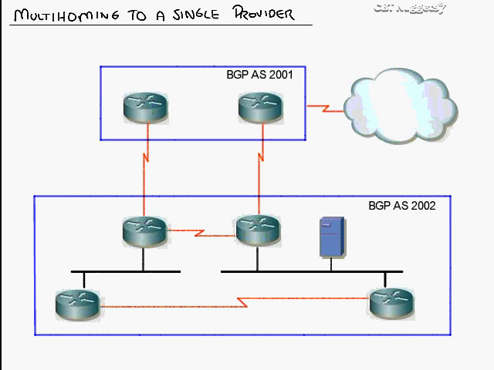The first of those design strategies is advertising your internal networks to the outside world. I added a server to our topology because, since we're using BGP autonomous systems, I want to assume that we have internal networks that need to be reached from the outside. This could be a web server, or an FTP server, or just about any type of server that you need access to from the outside world.